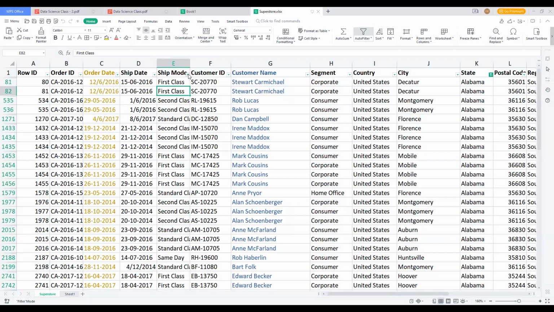First class, same day, second class, standard class are very unique orders. First class means, let's consider I'm an Amazon Prime member. According to the policy of Amazon Prime, the order should be delivered within 2 days.